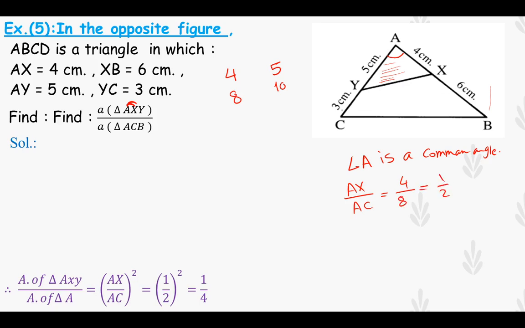Okay, and instead of XY over BC, which we don't know, we will write AY over AC. AY is 5 centimeter and AB equals 10 centimeter. This equals 5 over 10 and its ratio will be half.